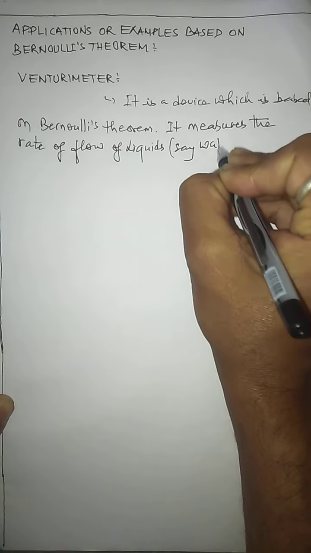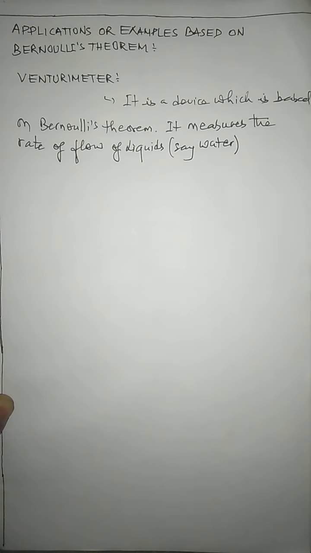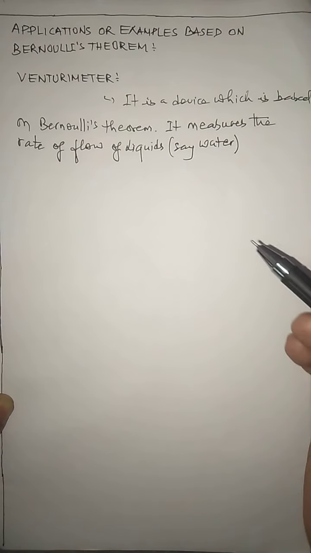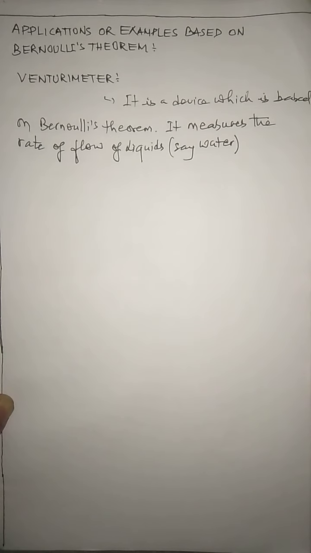So we deal basically with water. But children, remember this device is used to measure the rate of flow of any liquid through a tube.